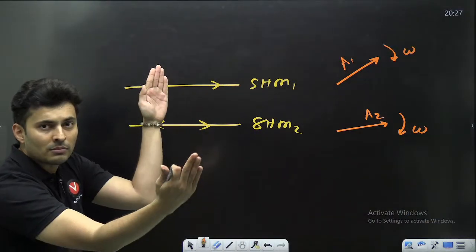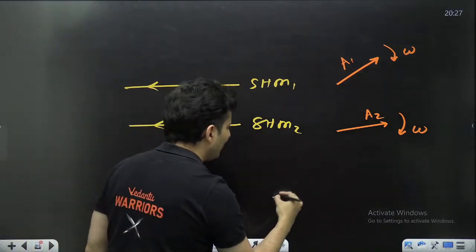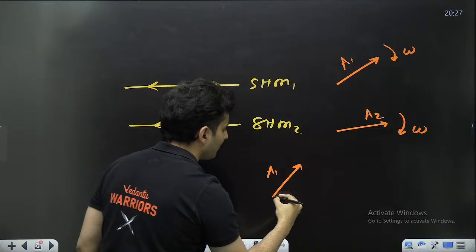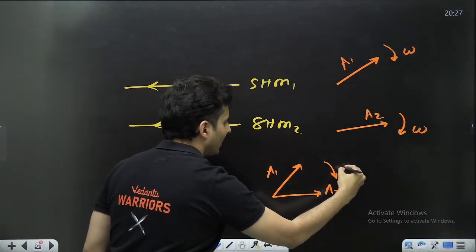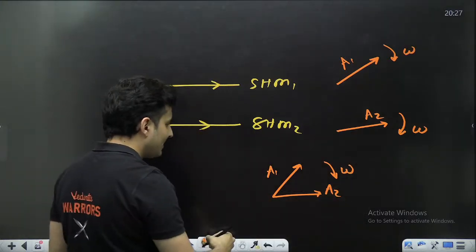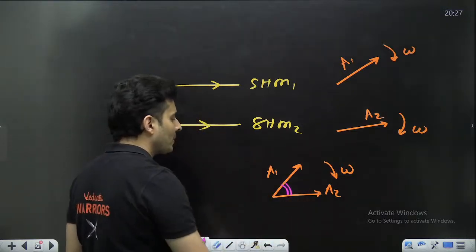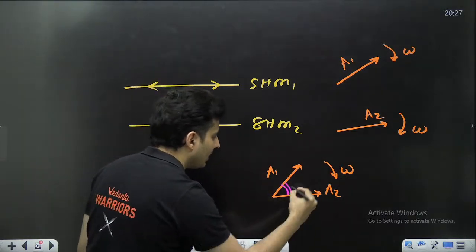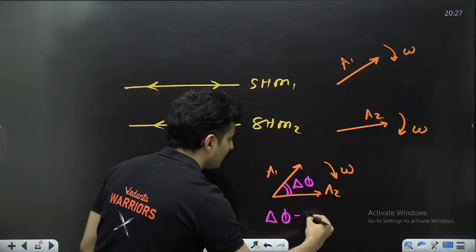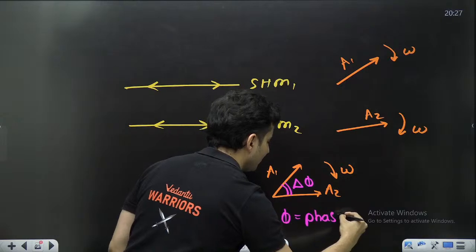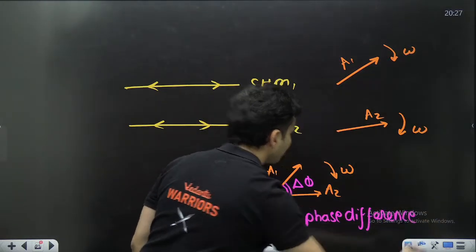When you put them together, it might look like this. Both of them are rotating together with some speed, and there is some difference between them. That is called delta phi, your phase difference. Very, very important.